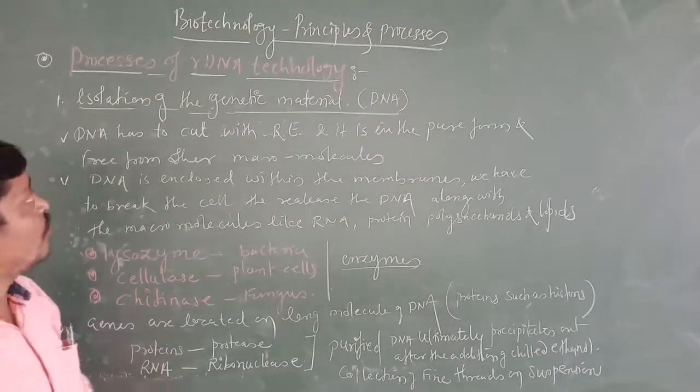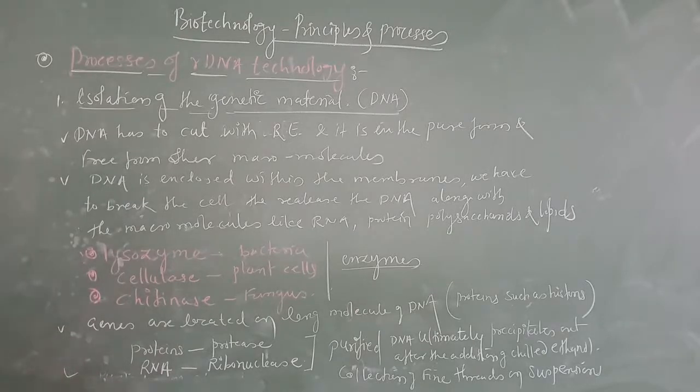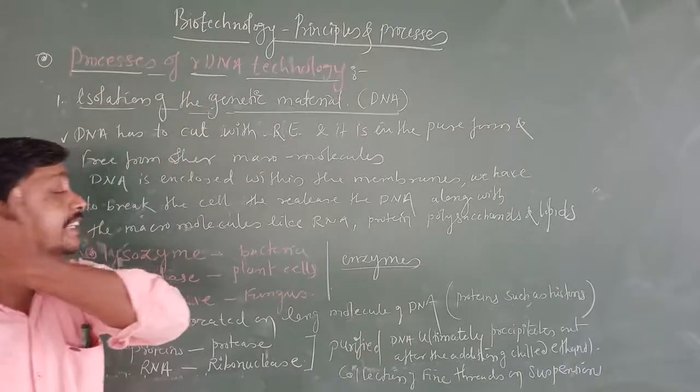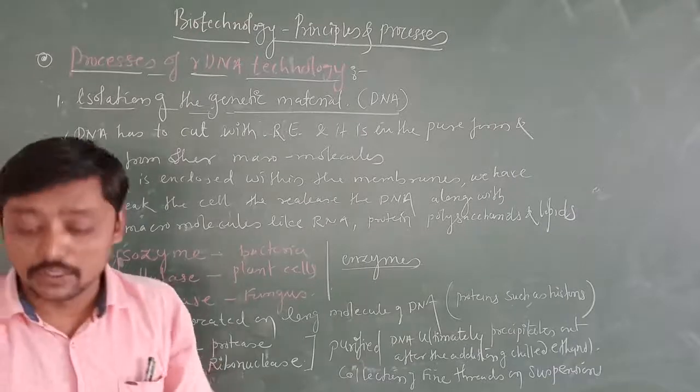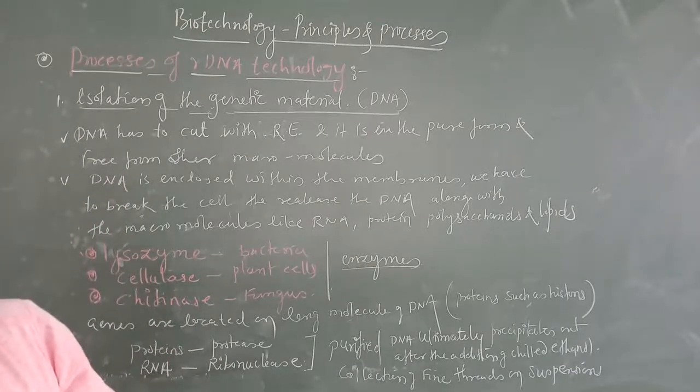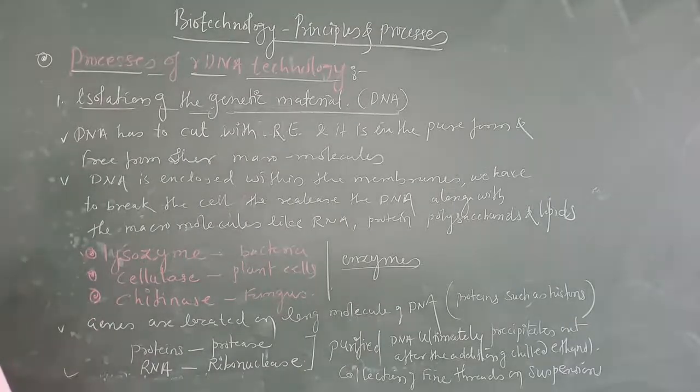In today's class, we are going to study the processes of rDNA technology in detail. What are the steps involved in rDNA technology? Several steps are there. The first step is the isolation of DNA.